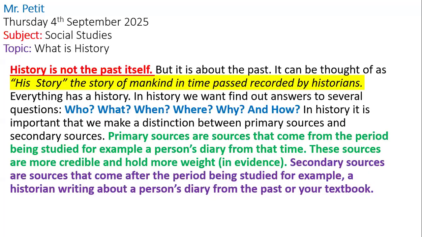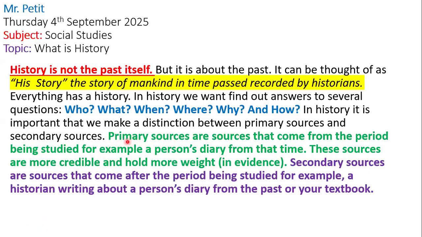You write about your experience inside the big ship, how hard and devastating it was, how much you feared your master's whip and all that different stuff. If we find that diary, would that come under primary or secondary source? Primary. It would come under primary source.